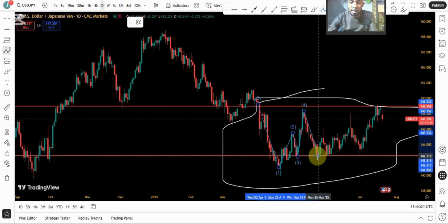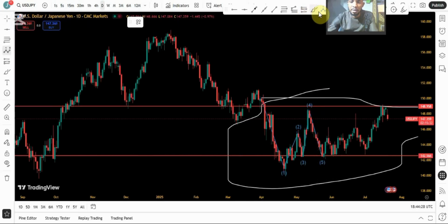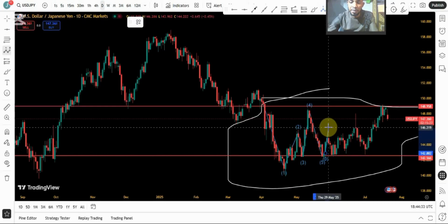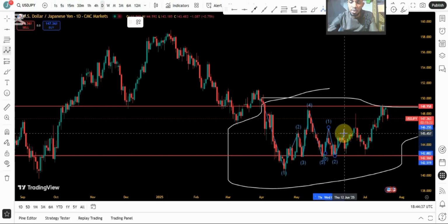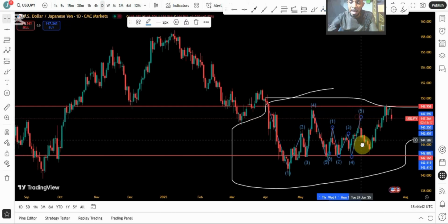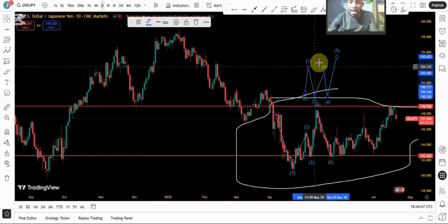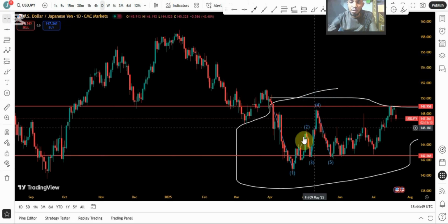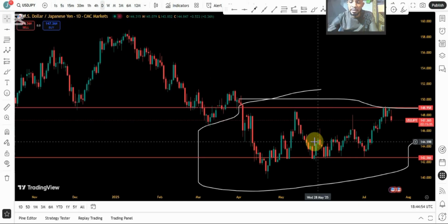You can see it touches the trend line again, came again to this point, and came again, touches the trend line again. With this, I can easily tell that that is an active level in the market on the daily time frame.